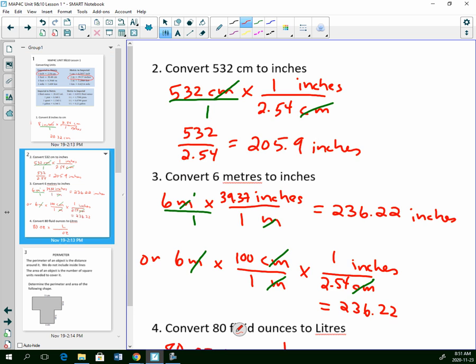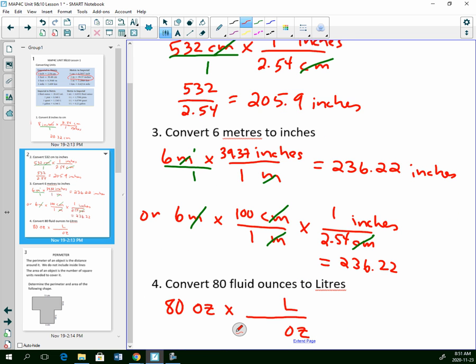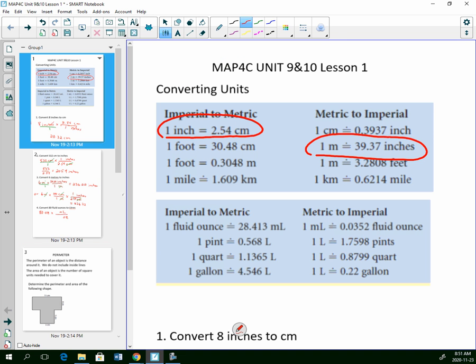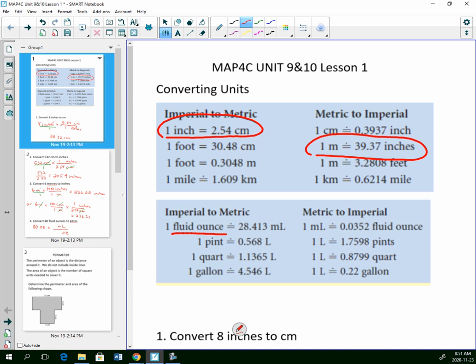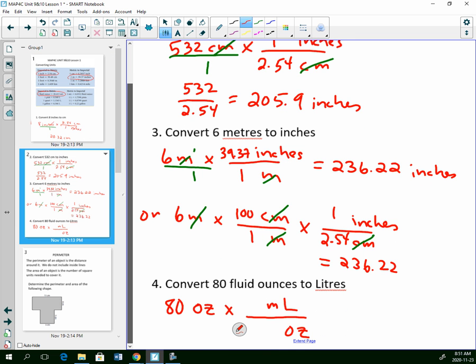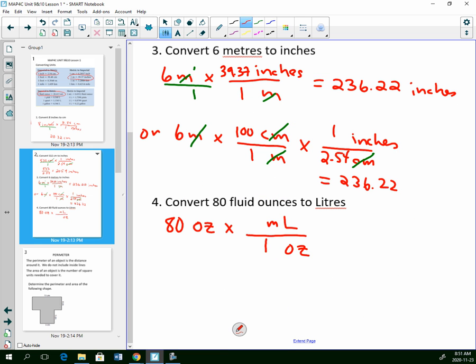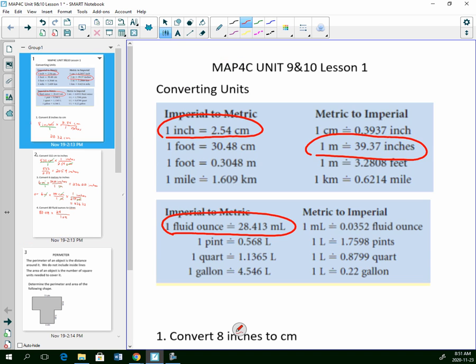I don't have liters, but I do have milliliters. Okay, so it says 1 ounce is 28.413 milliliters.